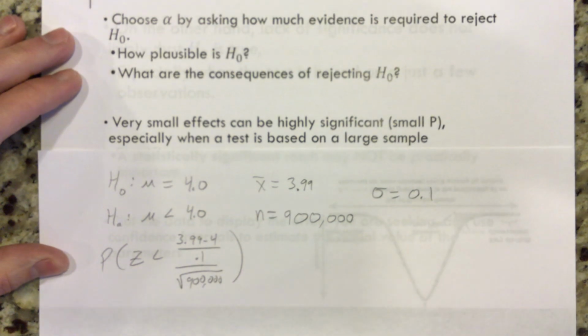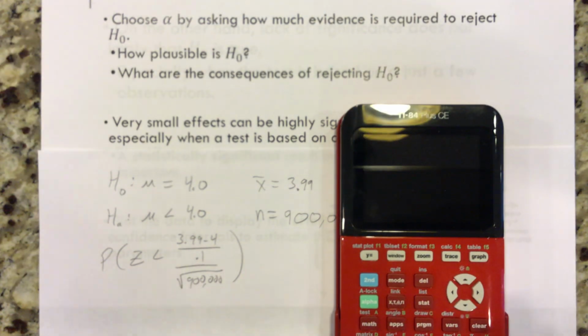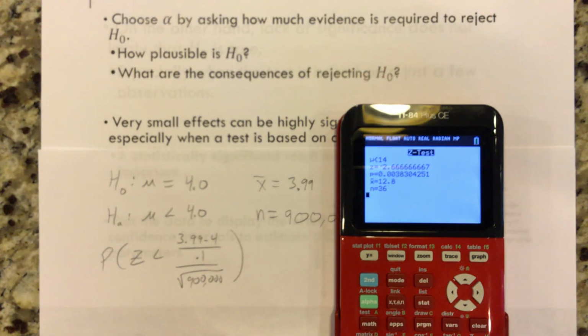Okay, so now when I do the test, my z-score is going to be tiny, or not tiny. My z-score is going to be off the table. Okay. So what is that? 0.01 divided by 0.1 over the square root of 900,000. Okay.